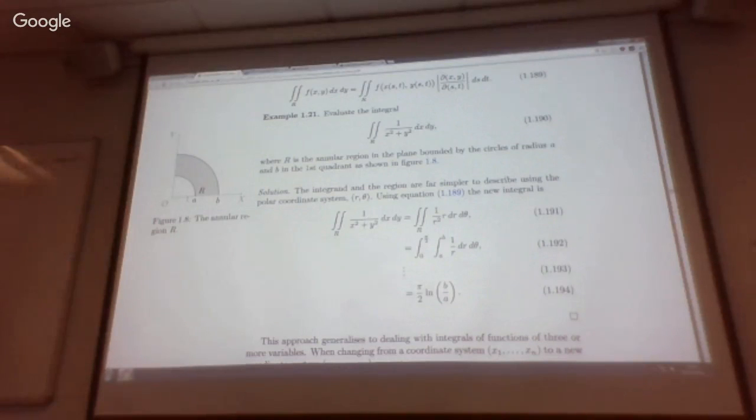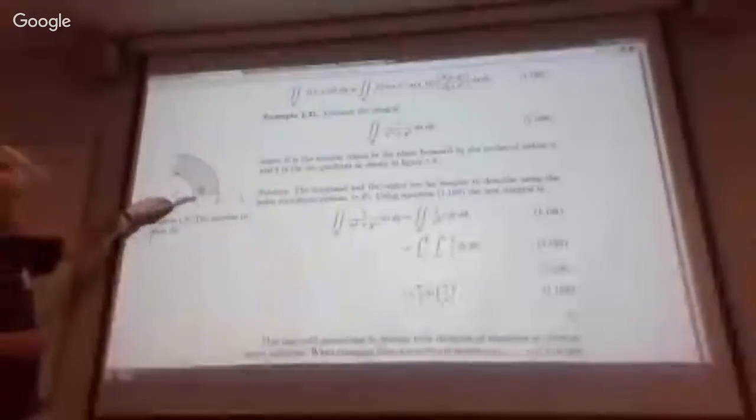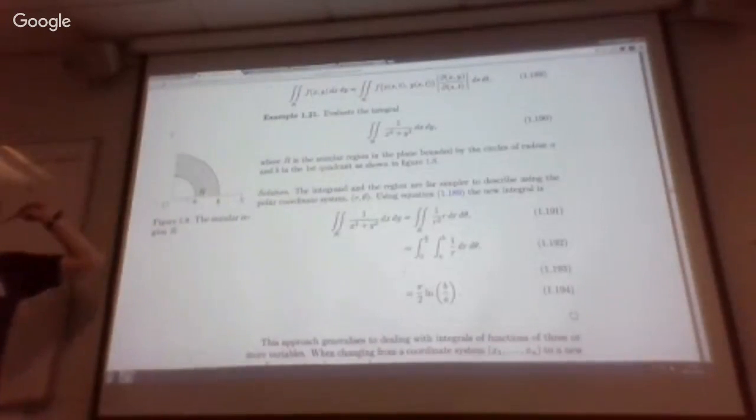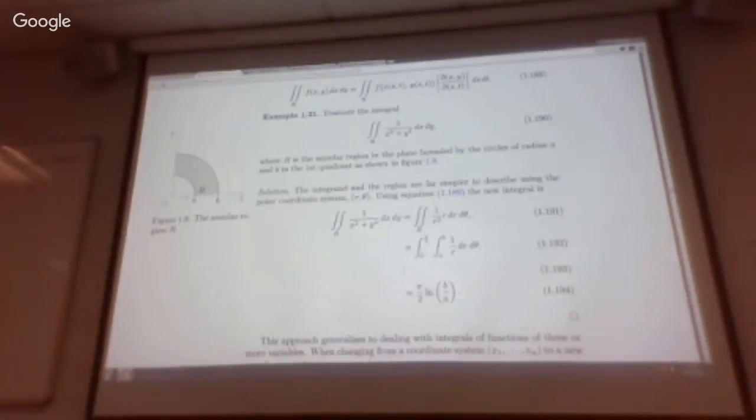And these are much better for talking about circular or round stuff than the Cartesian coordinates. So it'll be much easier to describe this region in terms of the square of the radius. So 1 over r squared is a simpler expression to deal with than 1 over x squared plus y squared.